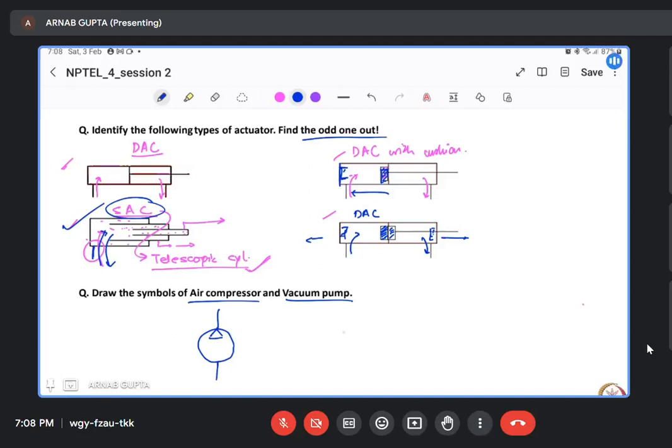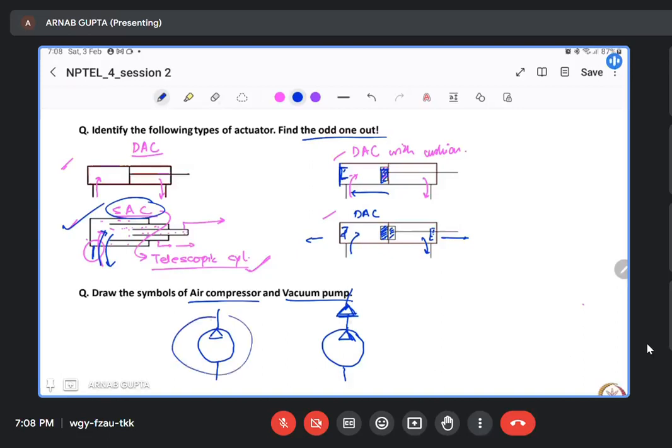So vacuum pump means here also the flow would be in the outward direction, but there has to be a suction in that particular direction. This suction is external to this particular system.